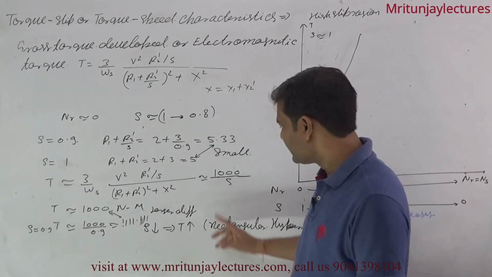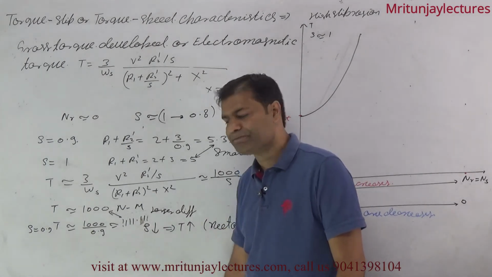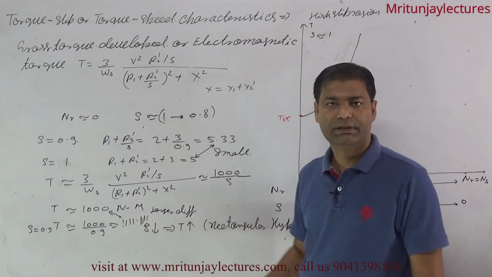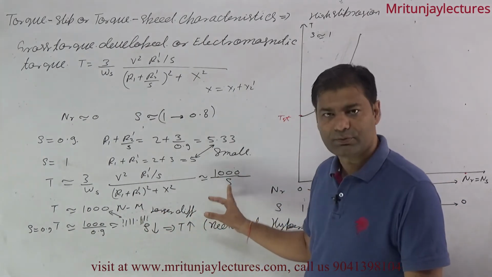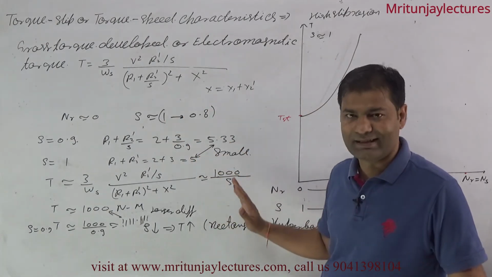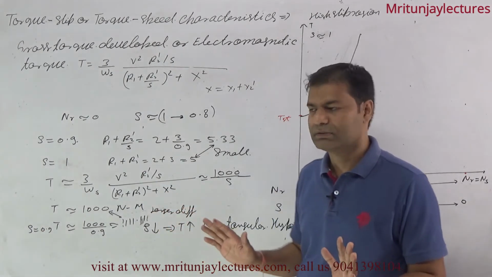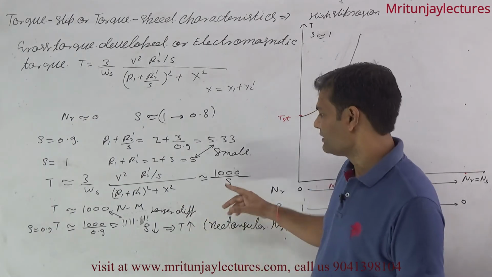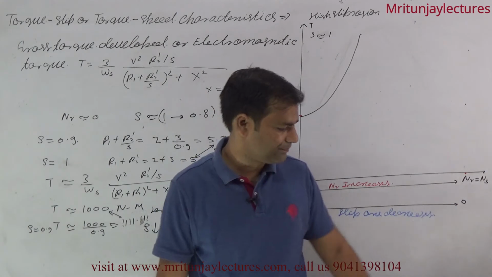If you consider s equal to 1, then 1000, and if you consider 0.9, then there is much difference, okay. That's why this term is not neglected. This term is not neglected, meaning s is not considered equal to 1, at s equal to 0.9. That's why we have considered it like this, okay.